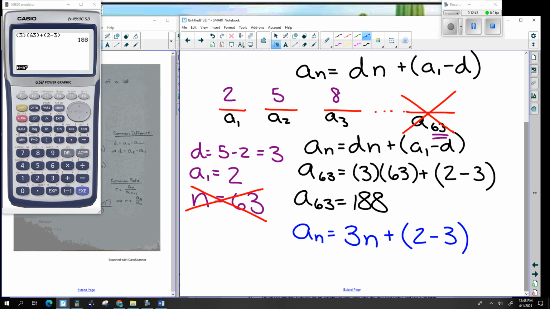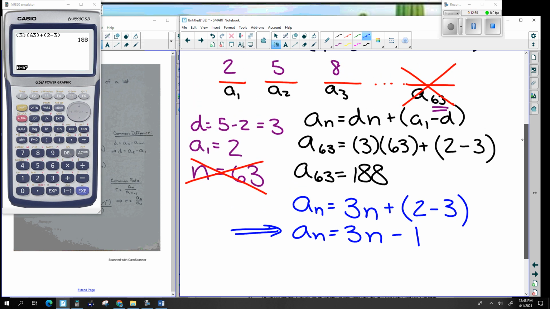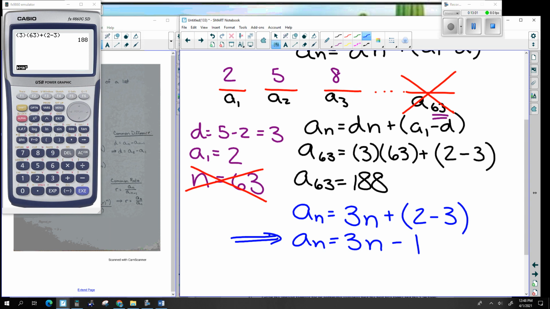So long story short, this explicit formula would be an = 3n minus 1. So if they straight up want the formula, then this is what they're looking for. You're not looking to jump to any specific n, and all the letter n's will stay the letter n.